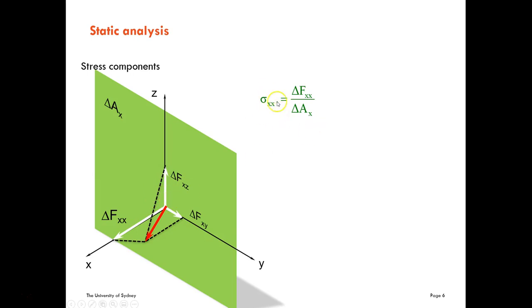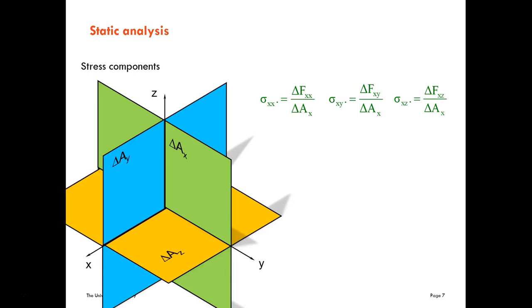So this is the definition of the first component of the stress, and you can also define these two components of the stress that are called shear stress components. In the same way, we can do the same definitions of stress in the other two planes. One plane perpendicular to the y direction, the blue one, and another plane perpendicular to the z direction, the orange one.